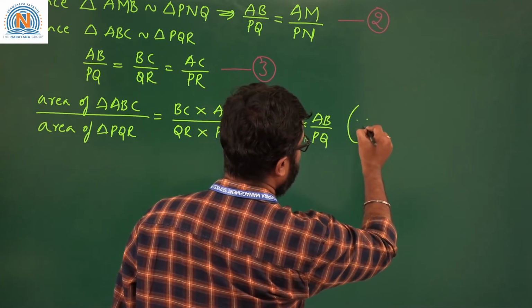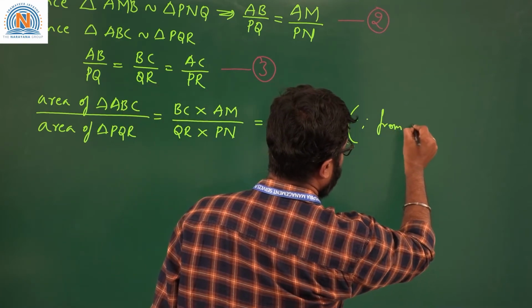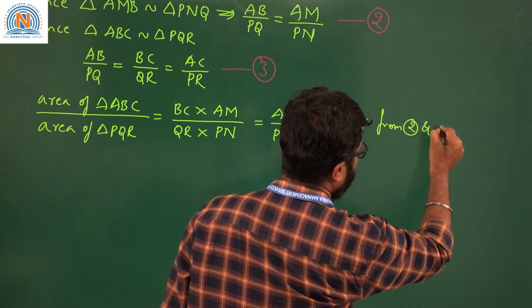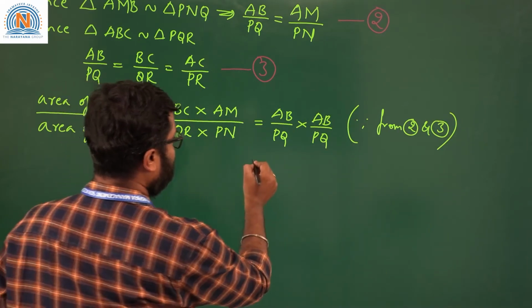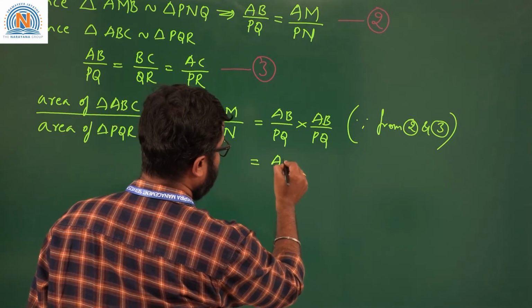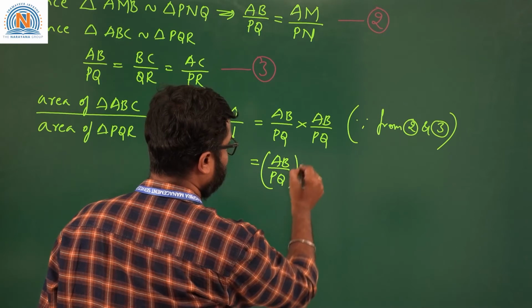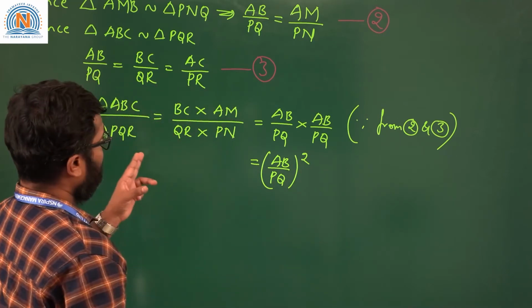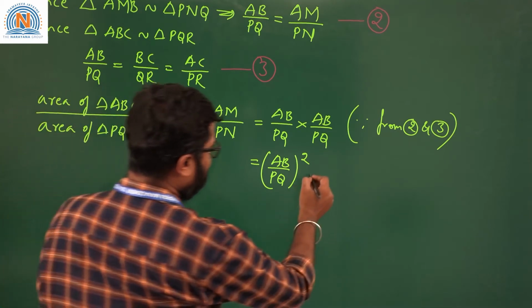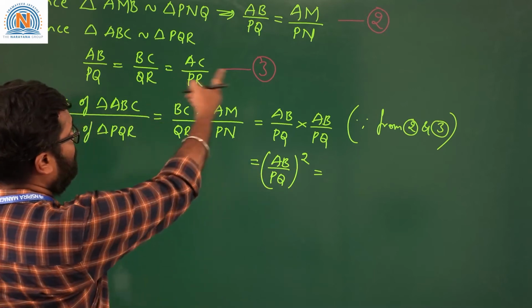So where we took this one, children? From second and third, isn't it? So now I can write this as AB by PQ whole square, isn't it? So children, can I write AB by PQ whole square from third relation?